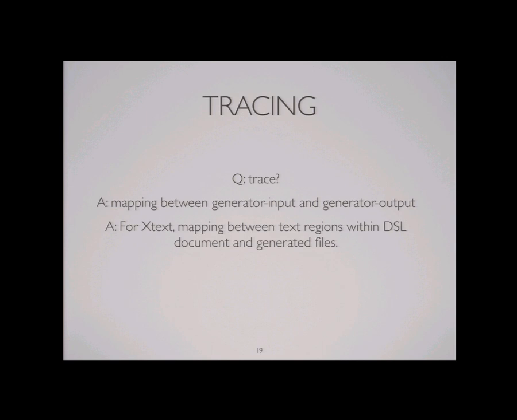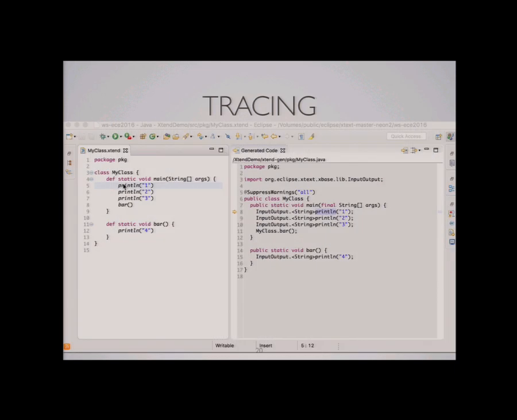For Xtext, to be more specific, since Xtext parses in DSL documents and generates source code, it means we have text as input and text as output, so we can relate text regions. Text regions from the input relate to text regions from the output. And once we have this trace, we can do quite nice things, like this one, for example.